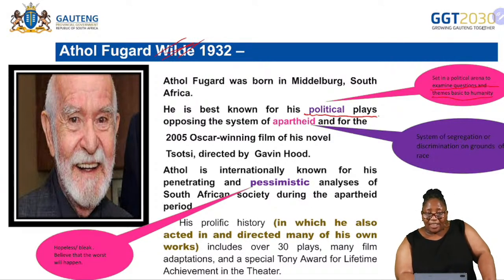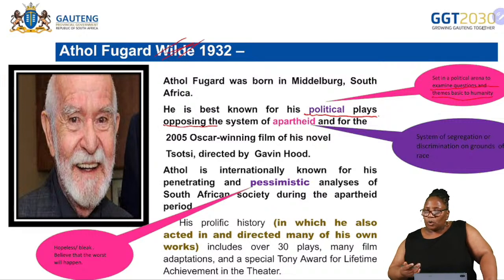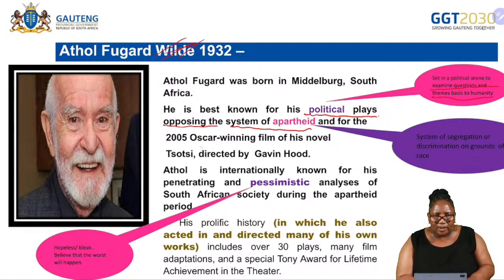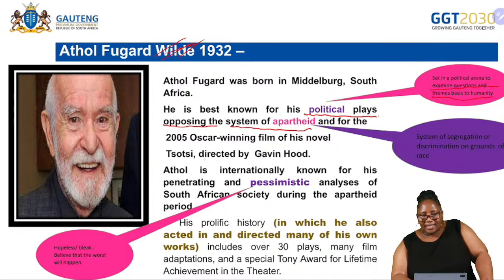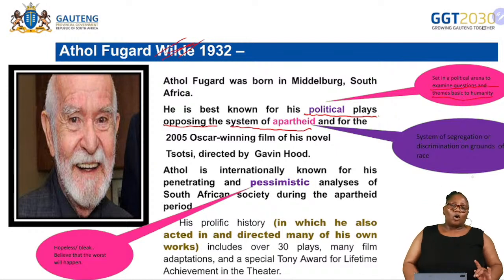So Fugard was very political and he had an opposing attitude and he wanted to talk more about the system of apartheid. It didn't go well with him that people were not treated the same as others. So the system of apartheid is a system of segregation and discrimination on the grounds of race.